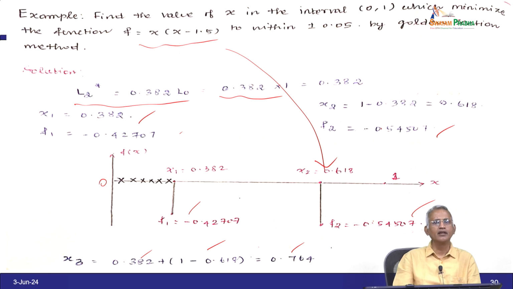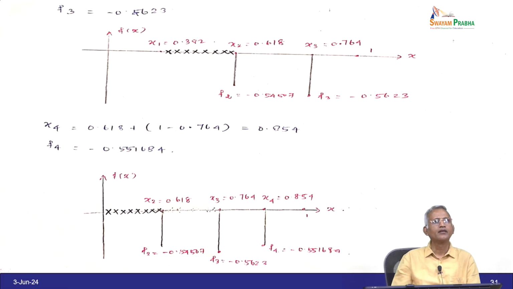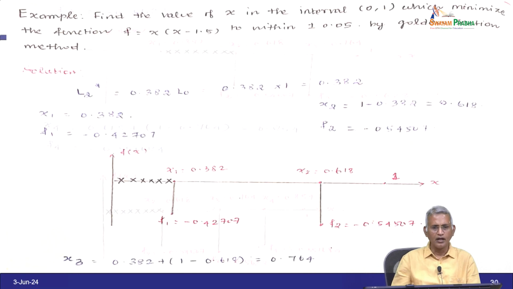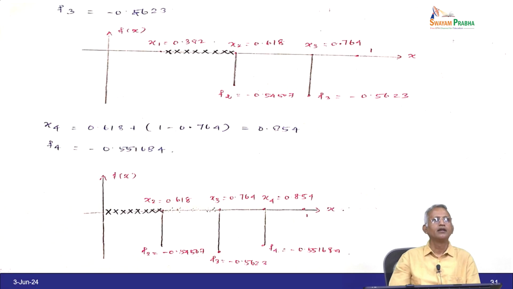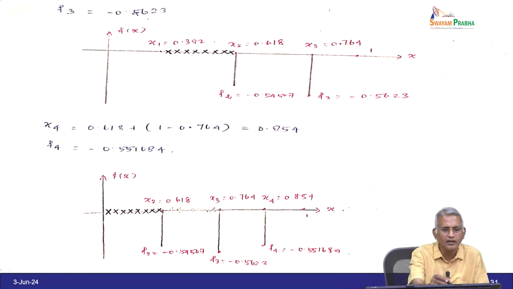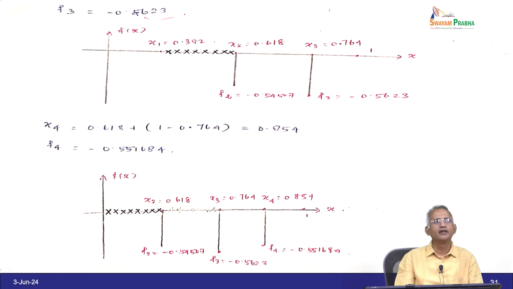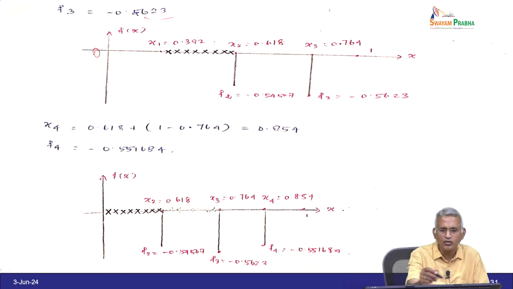Now you got x3. Based on x3, find f of x3. F of x3 is obtained by substituting in x into x minus 1.5. This is equation 1. So, f of x3 equal to minus 0.5623. Now take the limit 0 to 1 and here start from x1 is 0.382, x2 equal to 0.618 and x3 equal to 0.764.